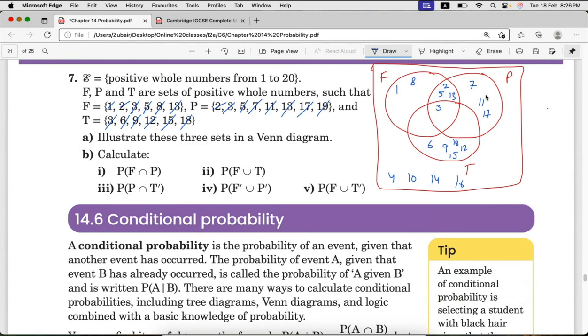And 19 in P only. We have two blank spaces.